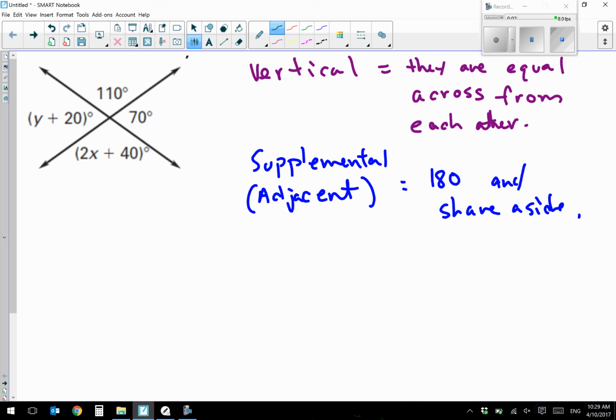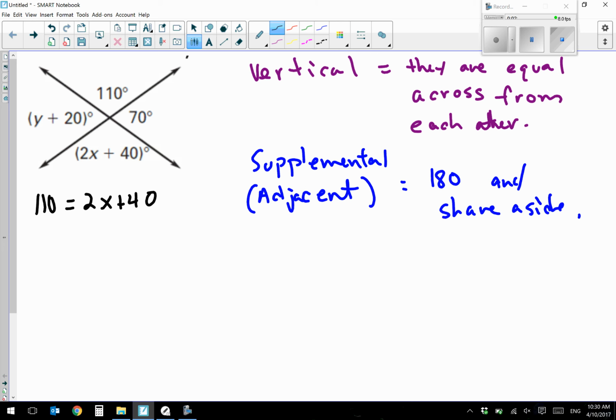So in this case, the easiest one for me, you can pick several different ways to approach this. You can say vertical angles equal each other. So you can do 70 equals y plus 20, or 110 equals 2x plus 40. Okay, so you can do any of these two ways. So I'm going to start with 110 equals 2x plus 40.